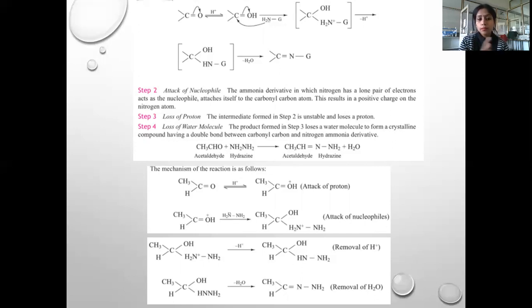Since carbon has a positive charge, the nitrogen, which is nucleophilic, is going to attach to this carbon atom. So the attack of the nucleophile is happening. In the third step, this proton will be going away, so one H plus we remove. And in the last step, H2O will also go. And then the final product is the hydrazone.